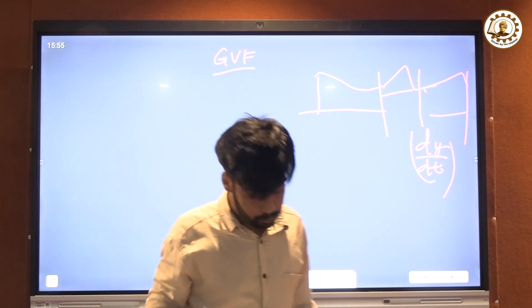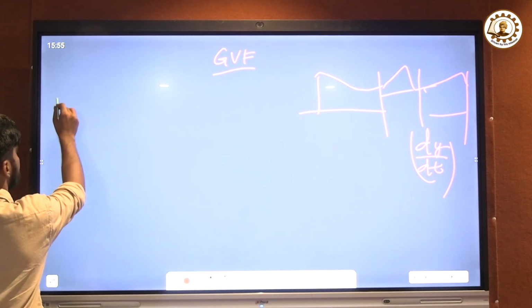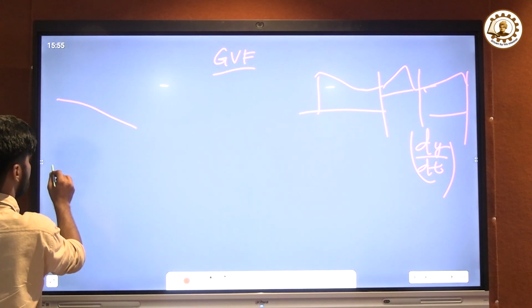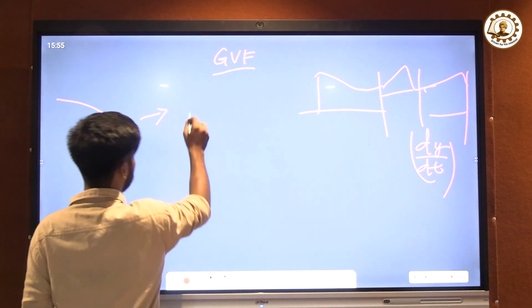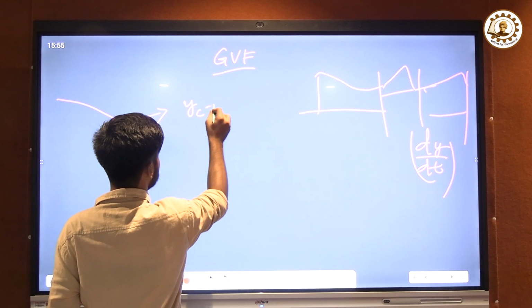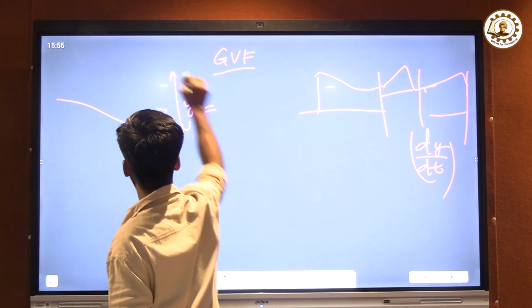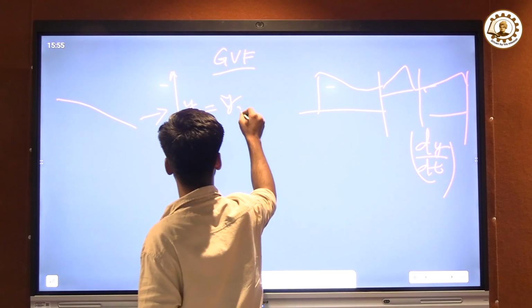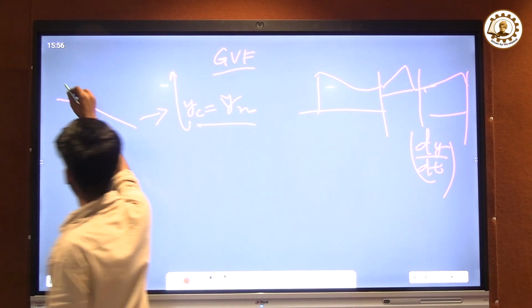Now, when there is a slope which is a critical slope, I mean the Yc, the critical depth for minimum specific energy, will be equal to Yn. This is called a critical slope.